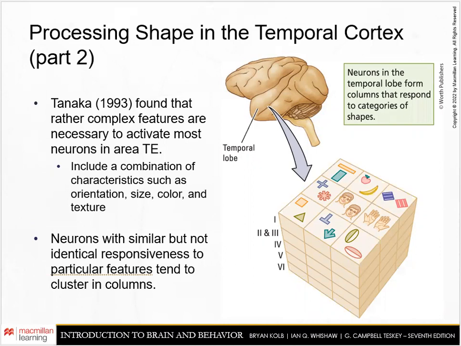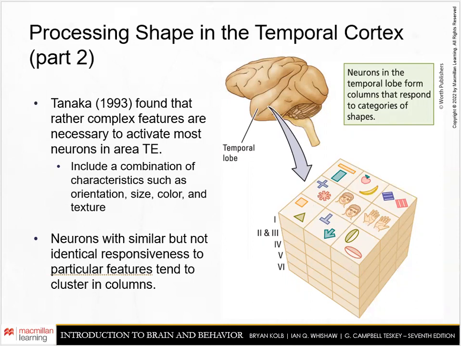This includes a combination of characteristics such as orientation, size, color, and texture. Neurons with similar but not identical responsiveness to particular features tend to then cluster in some of these columns. And we can see that here. So in the temporal lobe, the neurons that are forming the columns respond to these categories of shapes.